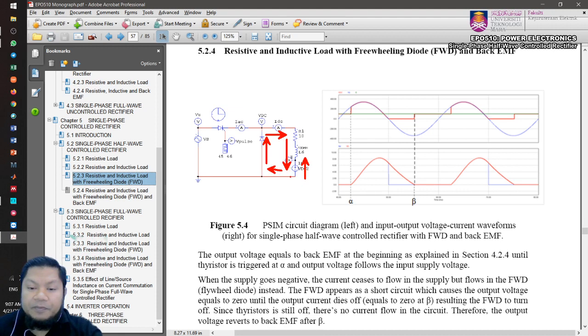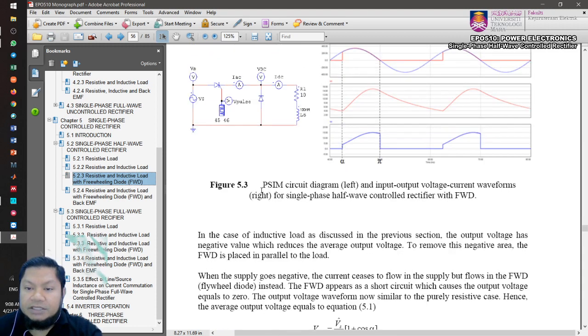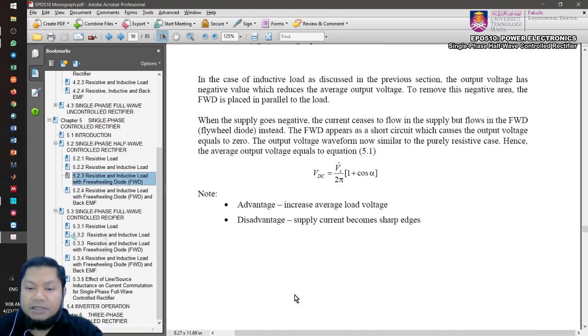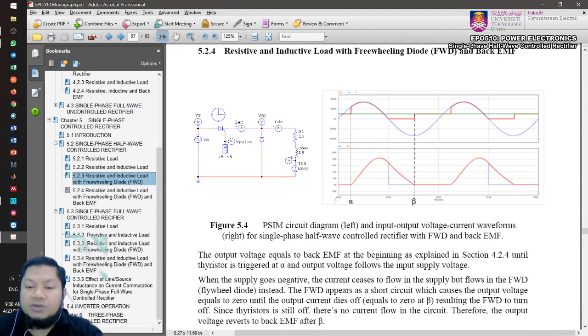And therefore the current will die off, and then it becomes discontinuous. If you look at the red current here, it is discontinuous, whereby the current now goes to 0, instead of the continuous operation as before. This was continuous operation before you added the back EMF at the output side, plus minus, and therefore it opposes the current and will actually force the current to go to 0.